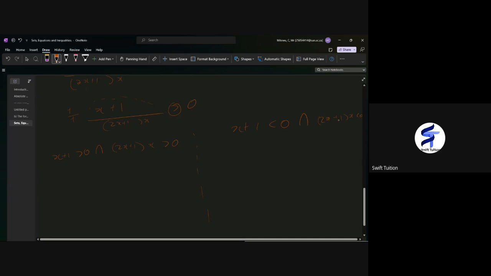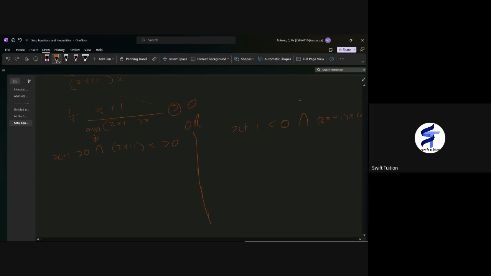This barrier here, you can imagine it as my OR barrier, and this is my and, and this is my and. So I need to combine these two sets into one answer, because they have to be positive at the same time, or they have to be negative at the same time.